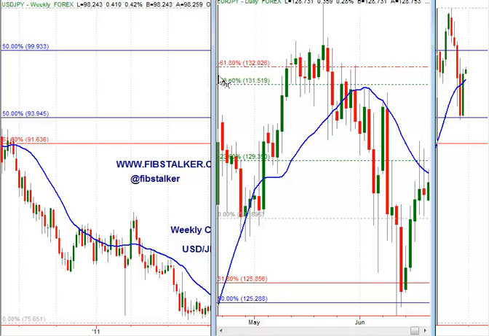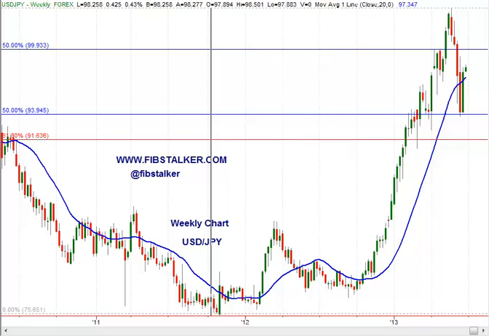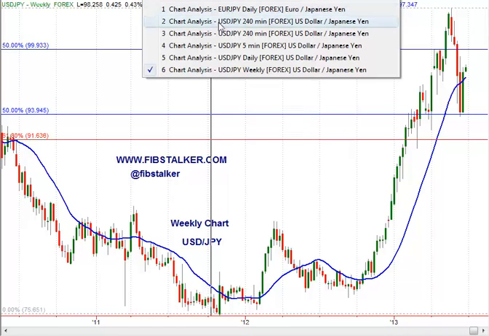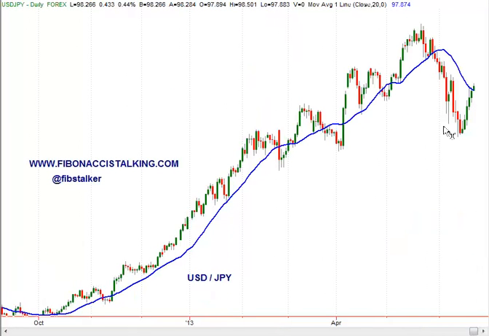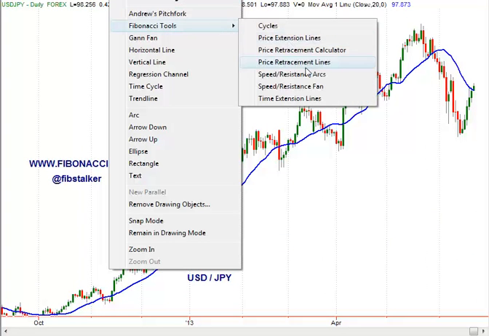Actually, I want to show first of all how the sequence of the measured move that we had.